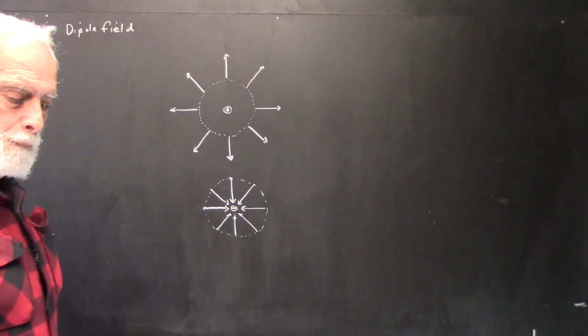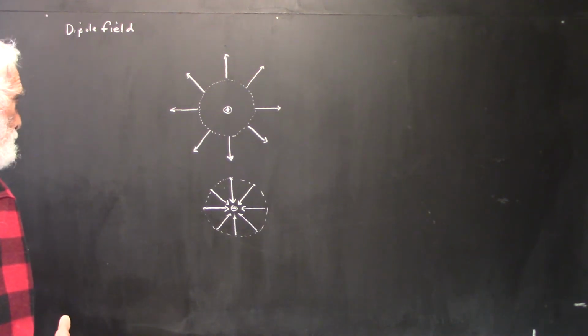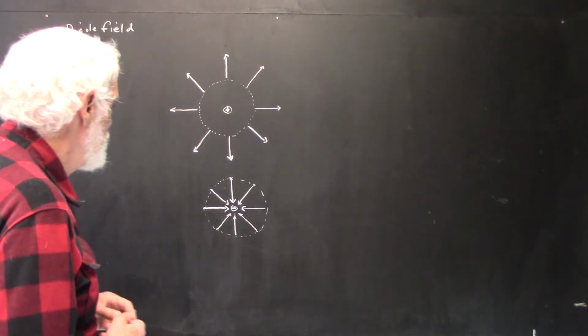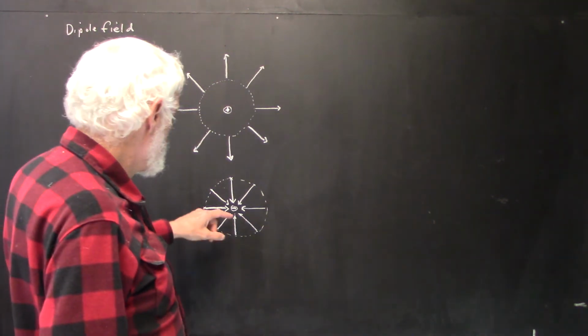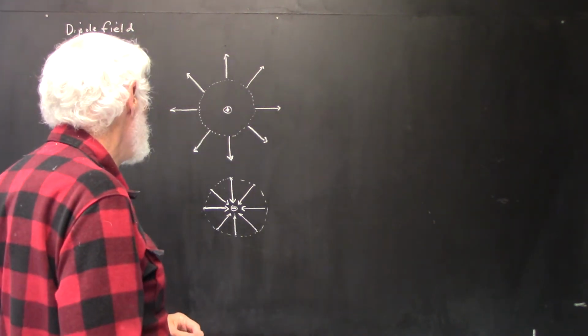Okay? Now, the field due to the dipole at any point is going to be the sum of the field due to this charge and the field due to this charge.